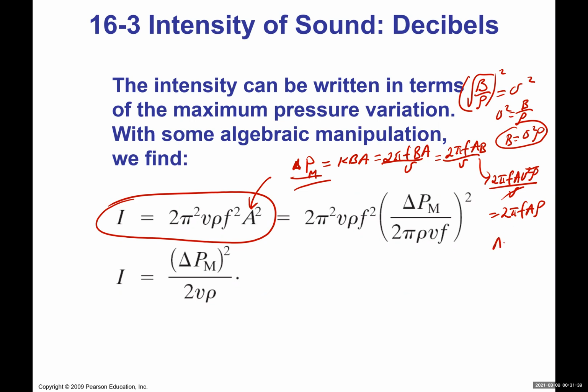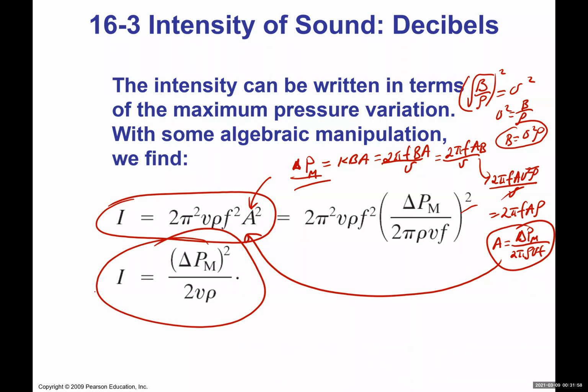Then from here, I can say that the amplitude is equal to the maximum amplitude of the pressure wave divided by 2 pi rho V F, and then replace that amplitude with this quantity squared. That means some things cancel out, for example pi squared is going to cancel out, the density is going to cancel out, and the frequency is going to cancel out.